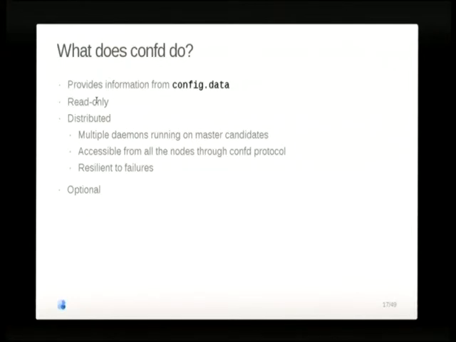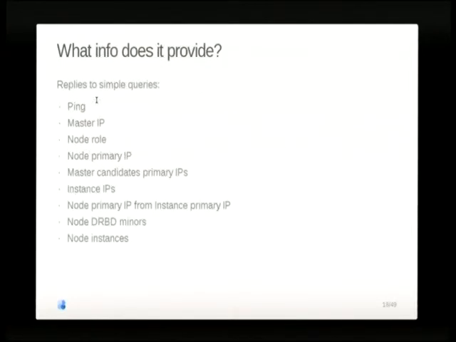So you ask all master candidates, and they will provide you information. Ping is just, are you alive? Then the master IP, in case you lost track of where your master was. And then you can do any sort of query: the role of a node, is it master, is it offline, is it online, what's going on? What's the primary IP of a node?